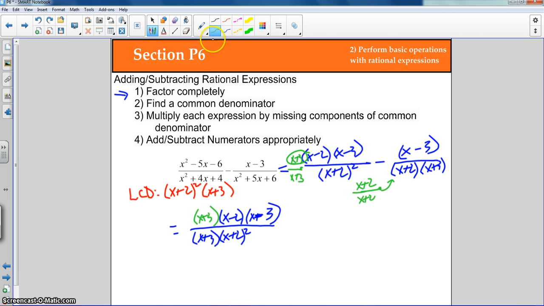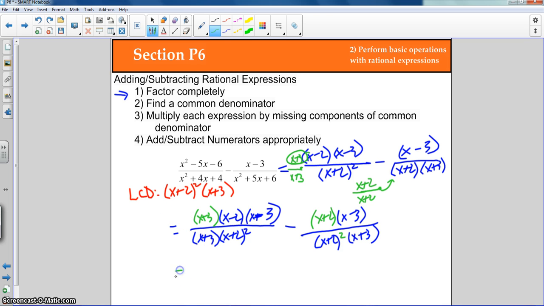And then I subtract from this the (x minus 3) divided by, I have an (x plus 2) and I have an (x plus 3). Okay, and now I need to add in that squared from this one, and then the (x plus 2) here.